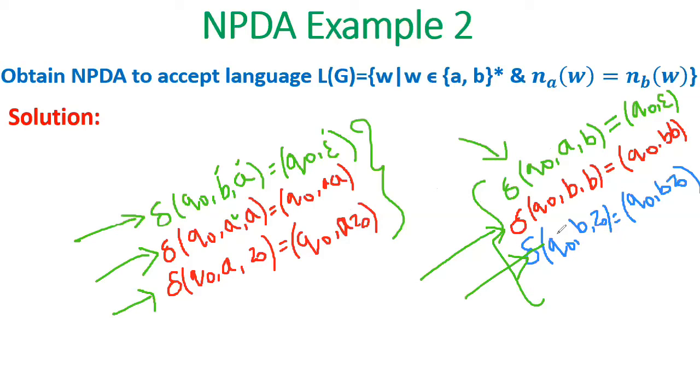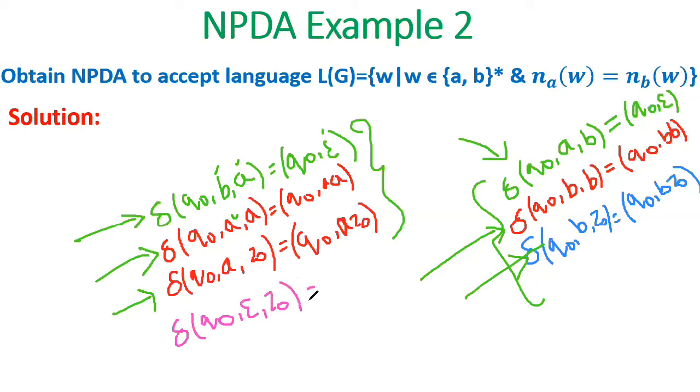This takes care of all the combinations, and we have to add one last statement to put it to the final state. And what is that last statement we write? The last statement can be written as transition from Q naught if the string is empty and the stack is empty.